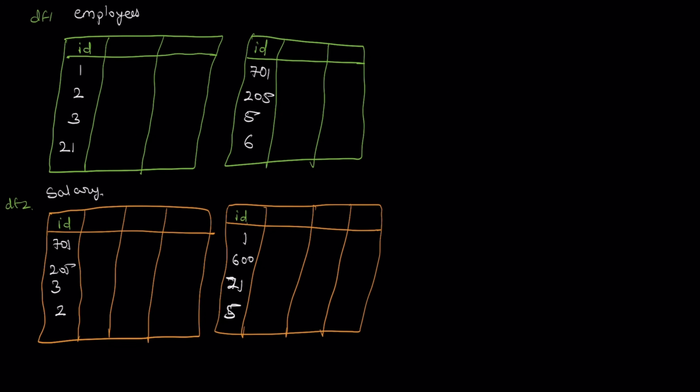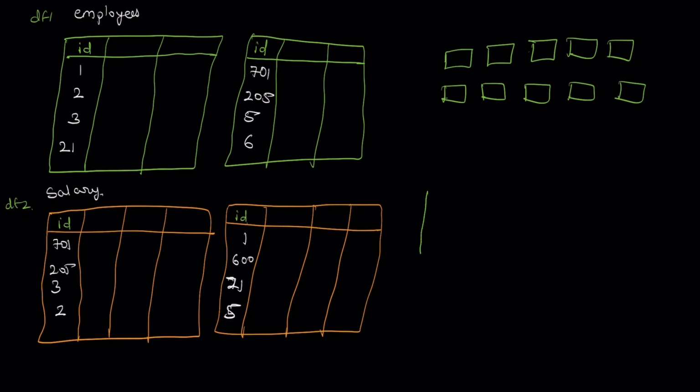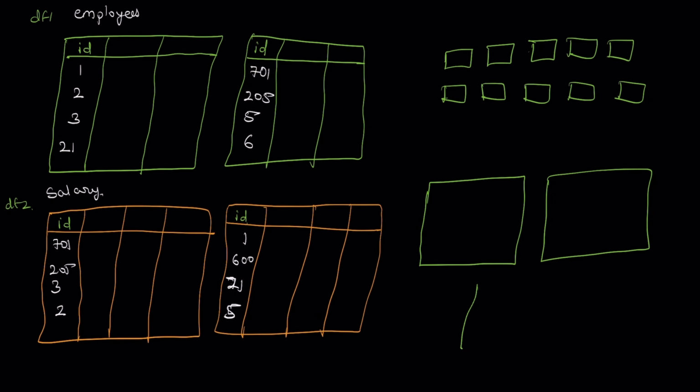So what will happen is, since we are doing a wide transformation, a join operation, there would be 200 partitions created among the clusters. So since we have three executors, 200 partitions would be created across these three executors.